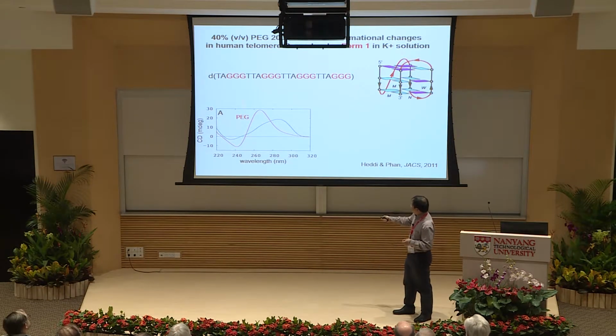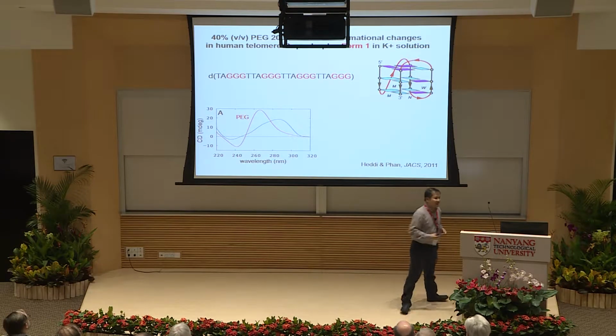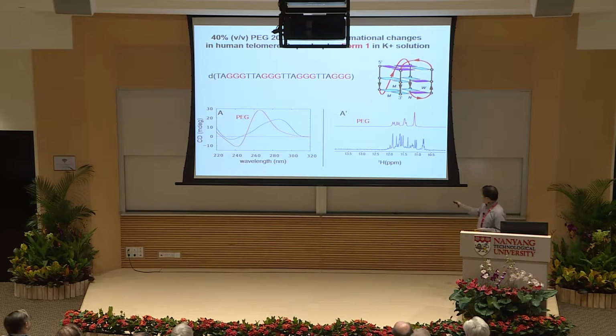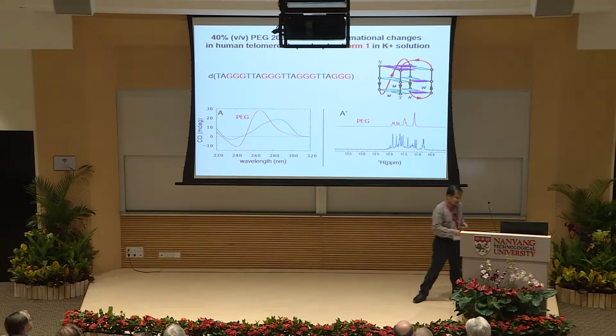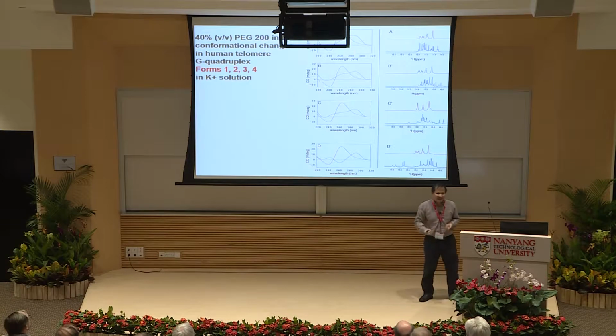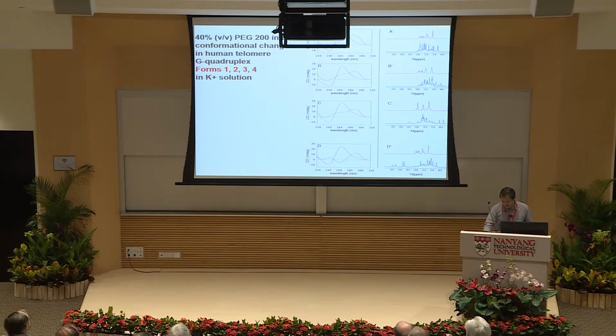You add PEG in, you see this signature. A very big change in the signature. And of course, you can look at NMR, you see also a change. You can do it with the different forms that you saw earlier. In all cases, you see the same changes.